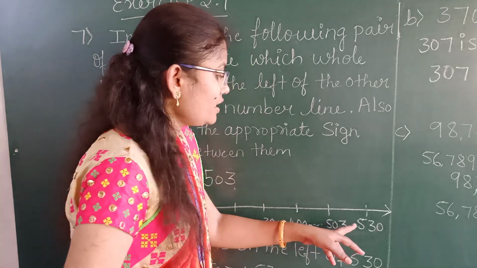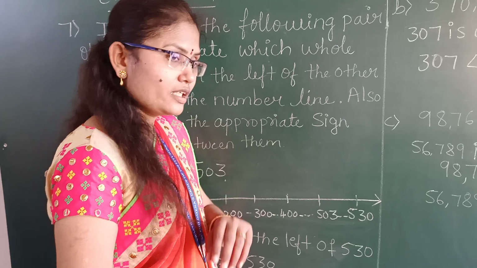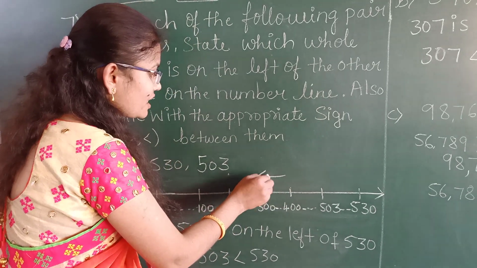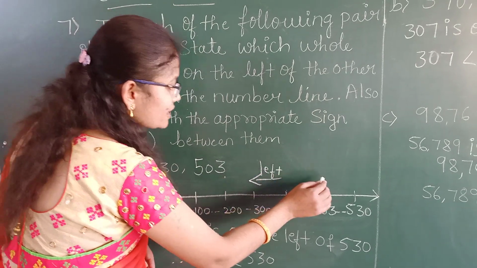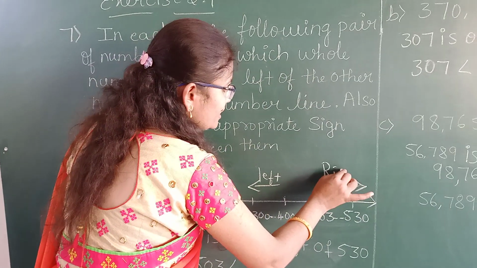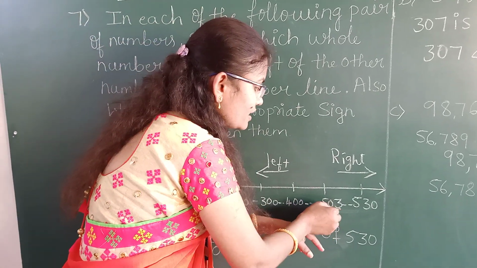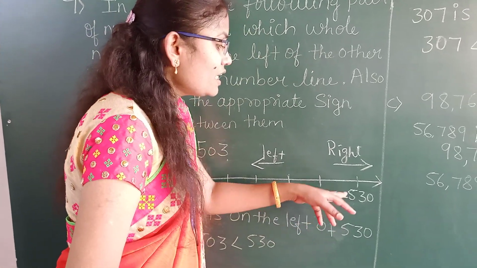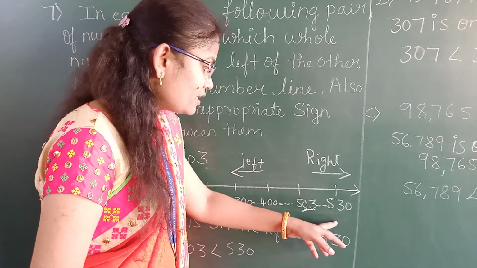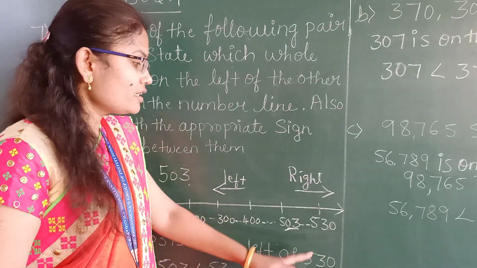After a few numbers you are going to get 530. This is the left side of the number line, and this is the right side. Now you can observe here 503 comes left of 530.